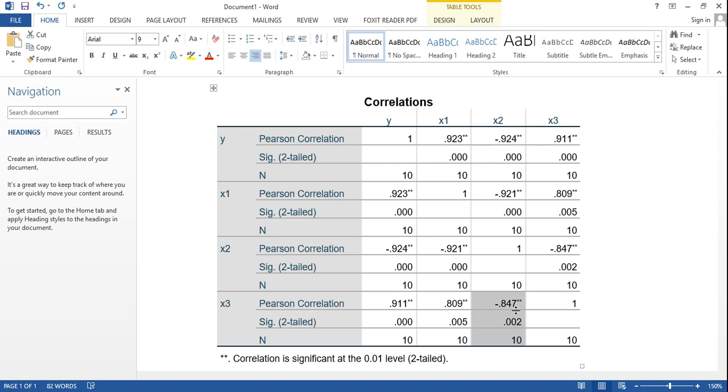And their relationship is also significant as the p-value shows 0.002, which is less than 0.05. So in this way you can determine the nature of the relationship among the variables of your model.